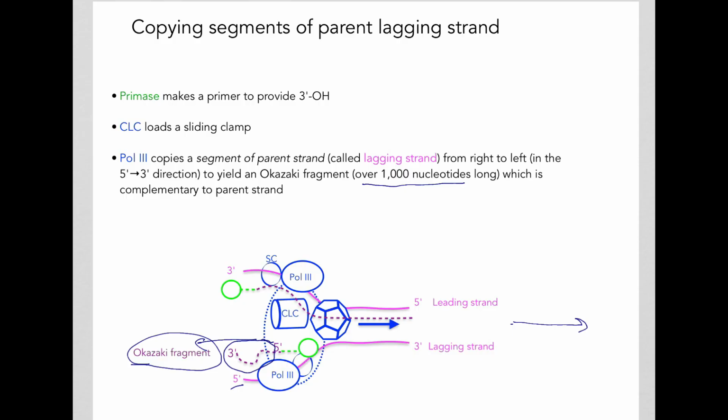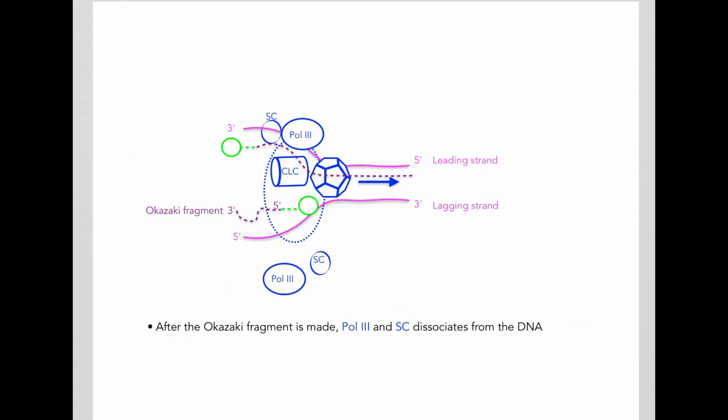So this parent strand is called the lagging strand. The lagging strand is copied as fragments that we call Okazaki fragments. After an Okazaki fragment is made, the polymerase 3 enzyme as well as the sliding clamp will dissociate from the DNA.